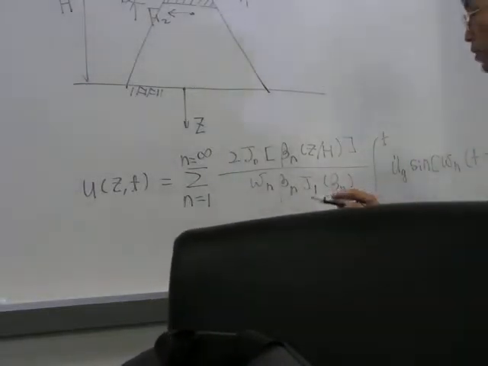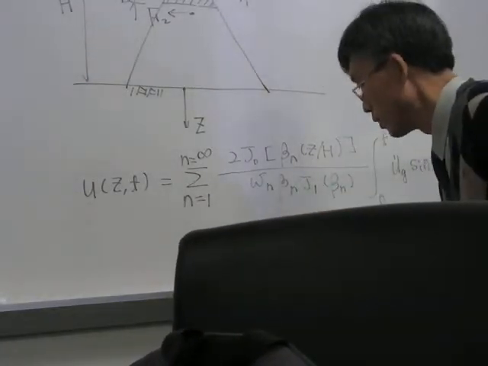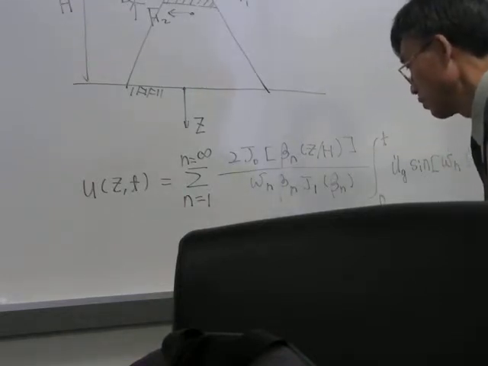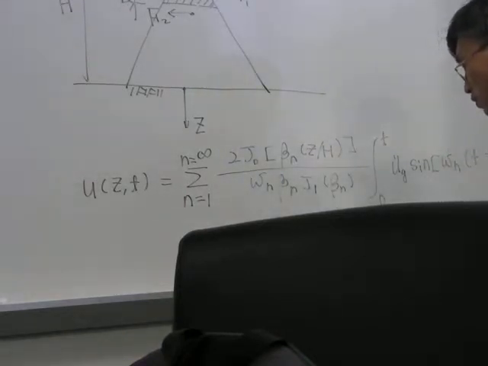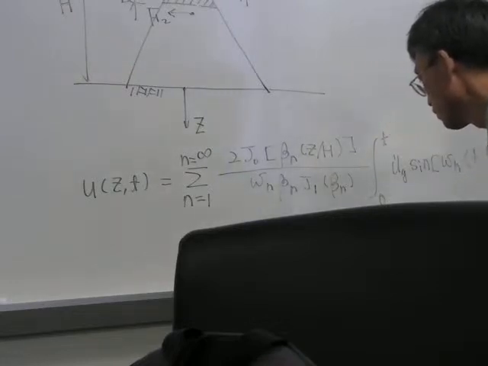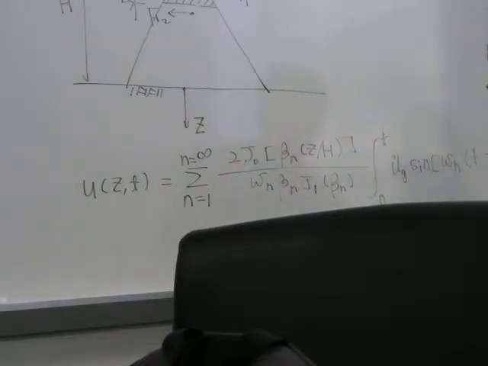Here, J1 is the Bessel function of order 1. Did you learn Bessel function? At least you heard of the Bessel function, okay? J naught is the Bessel function of order 0.